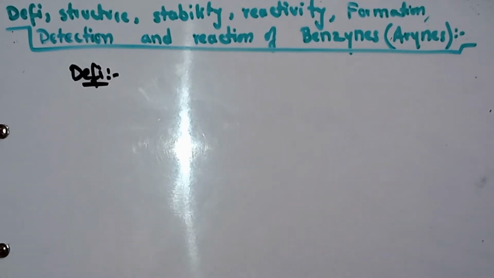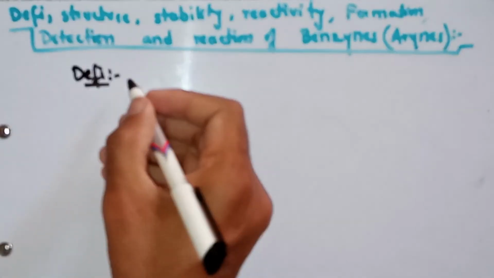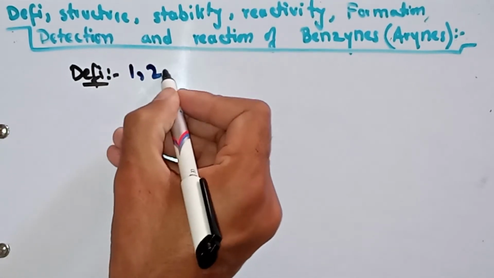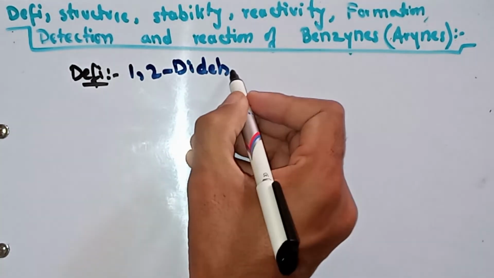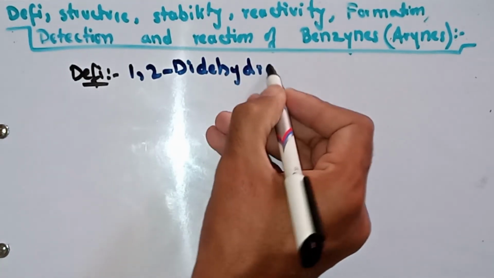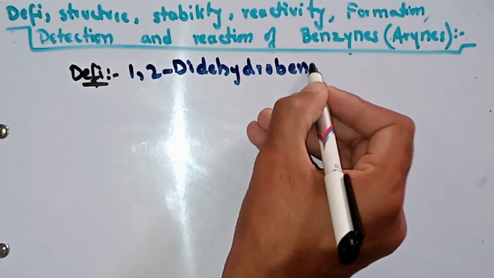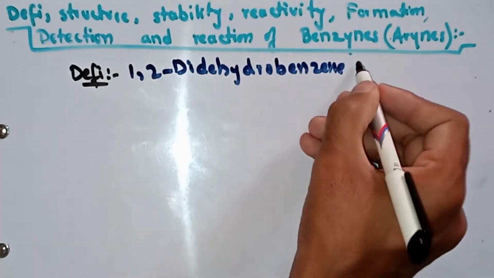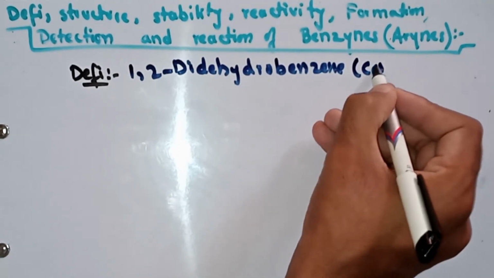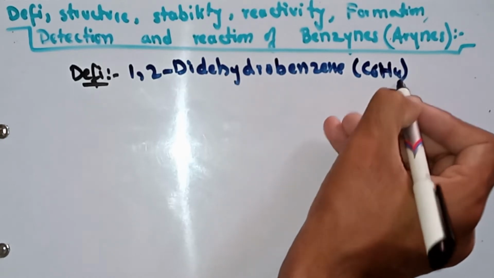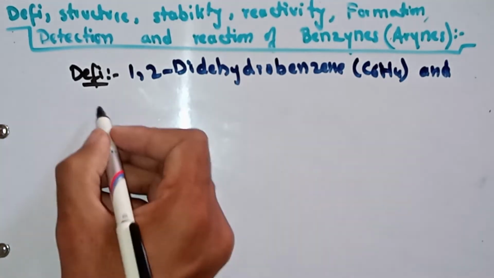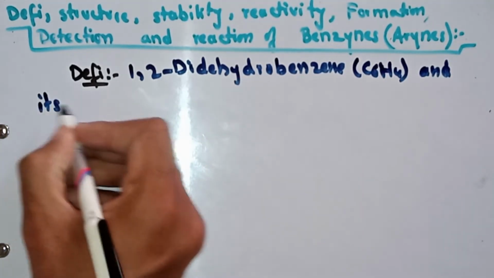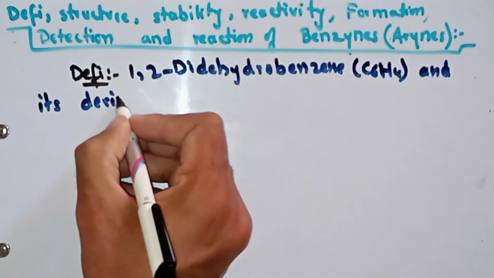Okay, benzyne, 1,2-dihydrobenzene. It means C6H4 and its derivatives are called benzynes.